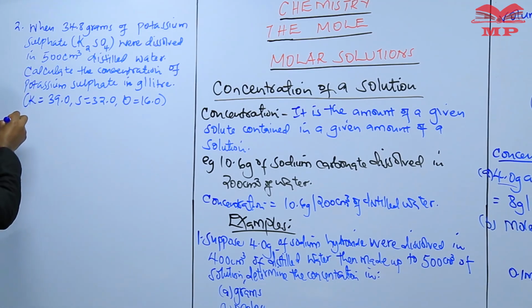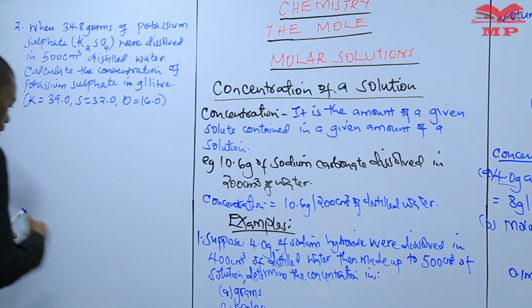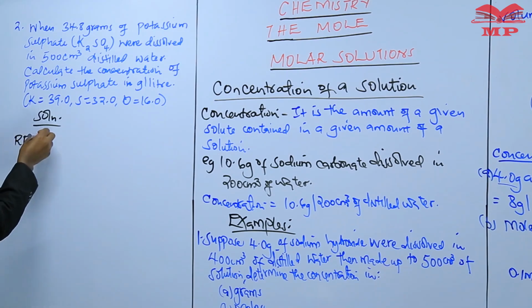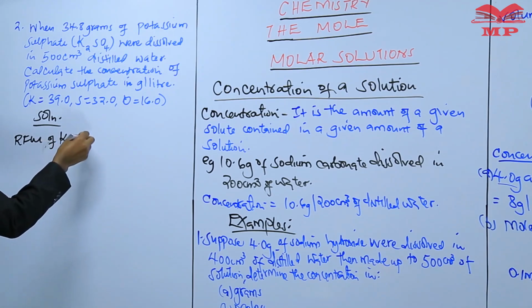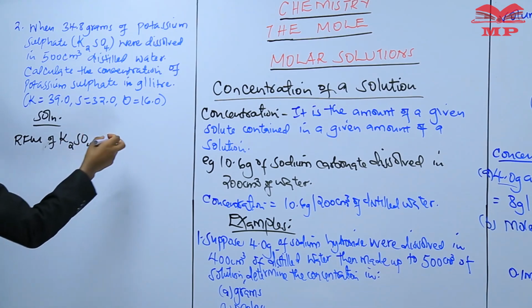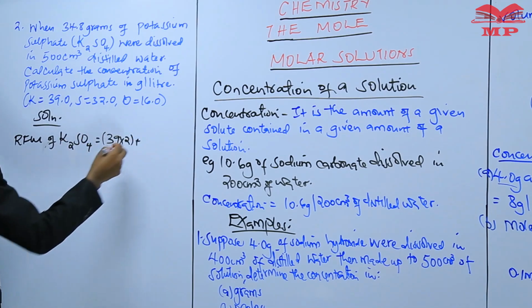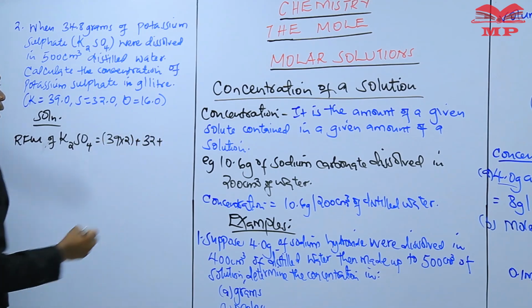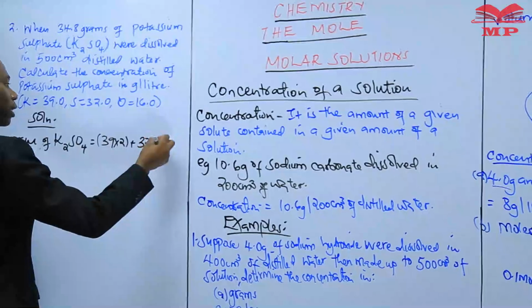Therefore, we first determine the RFM of potassium sulfate. This is 39, the relative atomic mass of potassium, times 2, plus the mass of sulfur, which is 32, plus the mass of oxygen, which is 16, times 4.